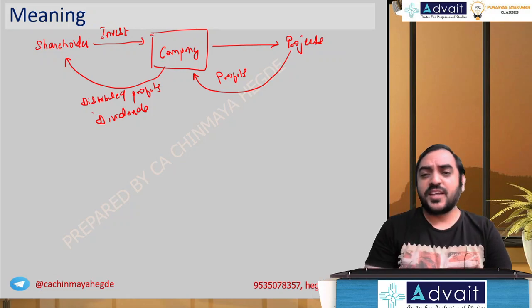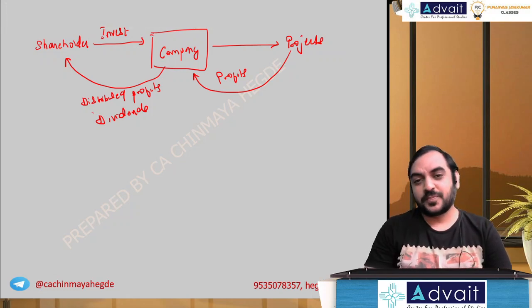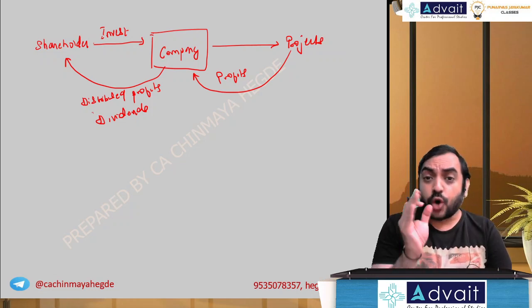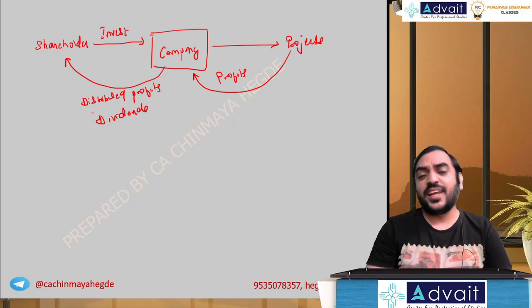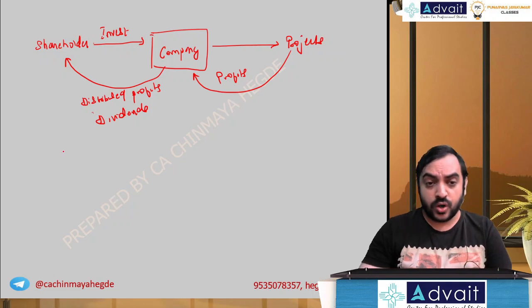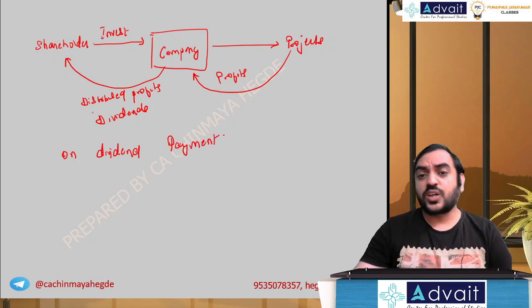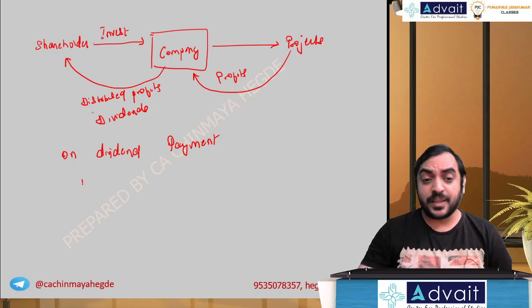Okay, now let me ask you one basic question. When a company pays dividend, what will happen to the share price of the company on dividend payment? What will happen to share price? Immediate impact, I'm asking about the immediate impact.